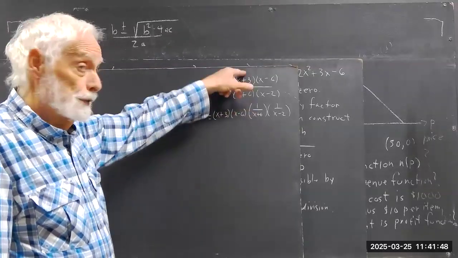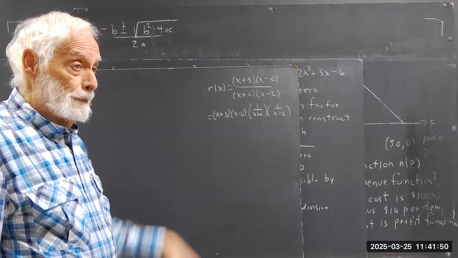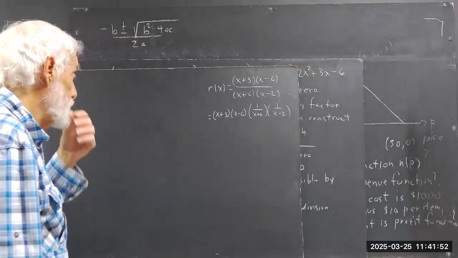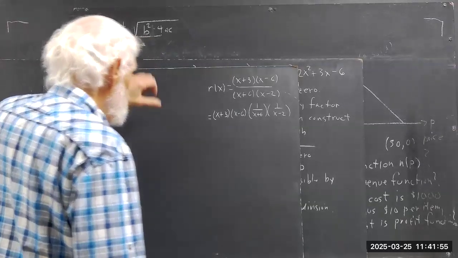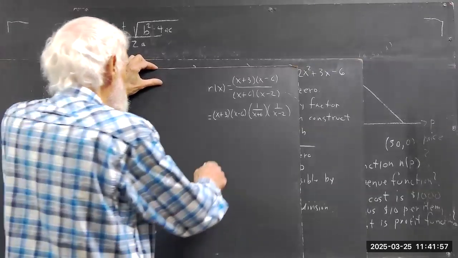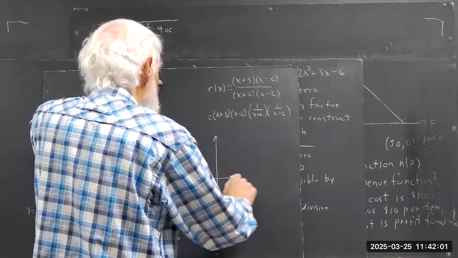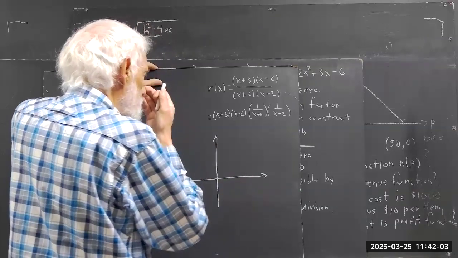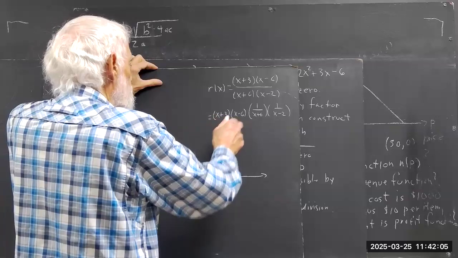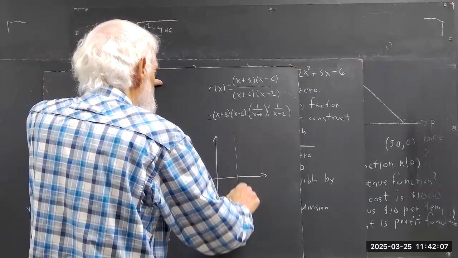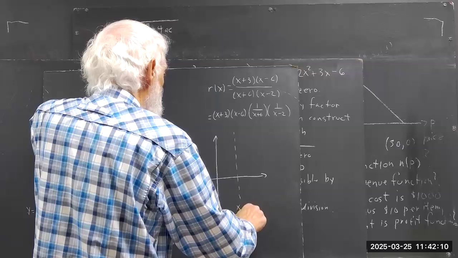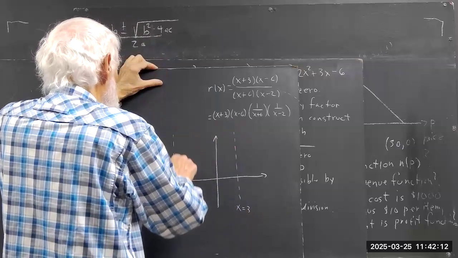Everybody agree that this is the same as this? Mark off our zeros, one at x equals -3, and one at x equals 6.